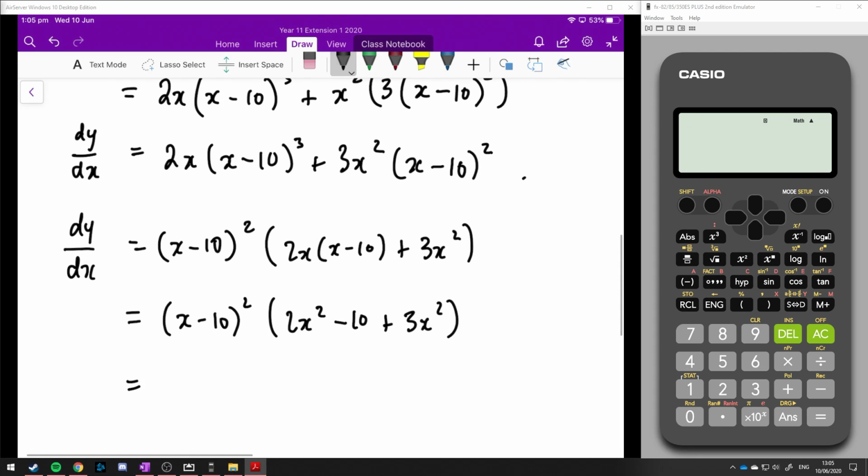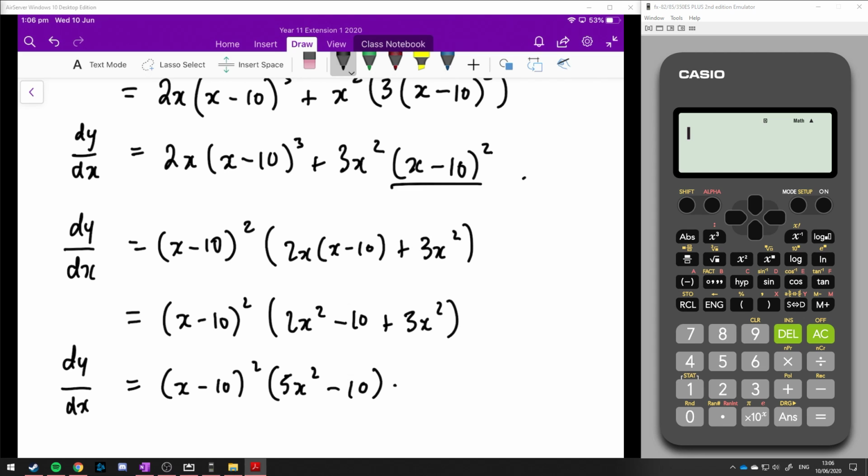And so then we're going to get that dy dx is equal to x minus 10 all squared, and then 2x squared plus 3x squared is 5x squared minus 10. Now, the reason why I wanted to do that is because when we're going to find where the derivative is 0, we want it as factorized as fully as we can so we can work that one out, okay?